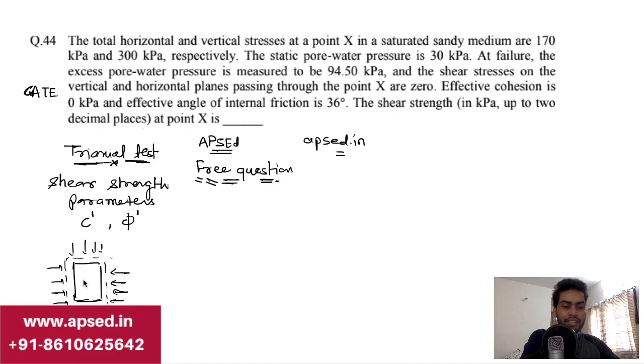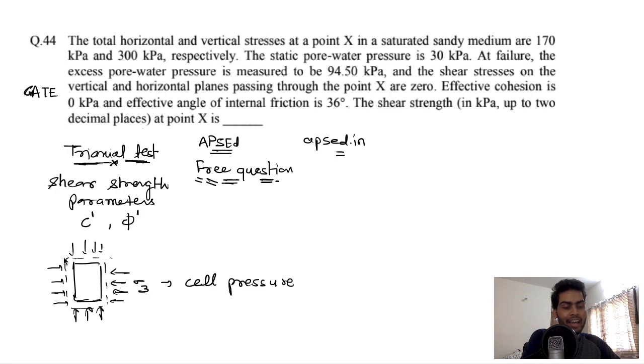This pressure we denote with sigma 3 and we call it cell pressure. And in the second stage, we apply an additional pressure from the vertical direction. Sigma 3 is already acting in all directions, and the additional pressure, called the deviator stress, we apply until failure takes place.